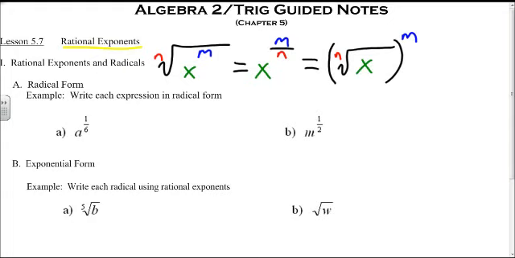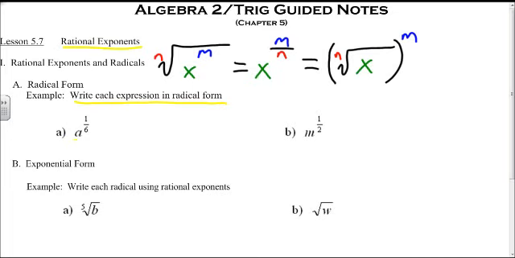So, moving right along. In our first cases, we need to write each expression in the radical form. We're given something in an exponential form that has a rational exponent. So in this case, our rational exponent is 1/6. So we are asked to put that into the radical form.